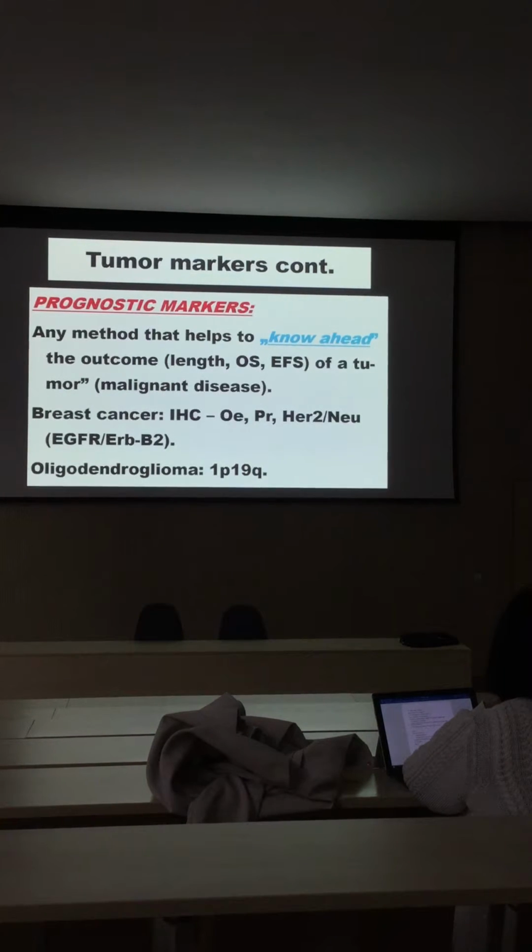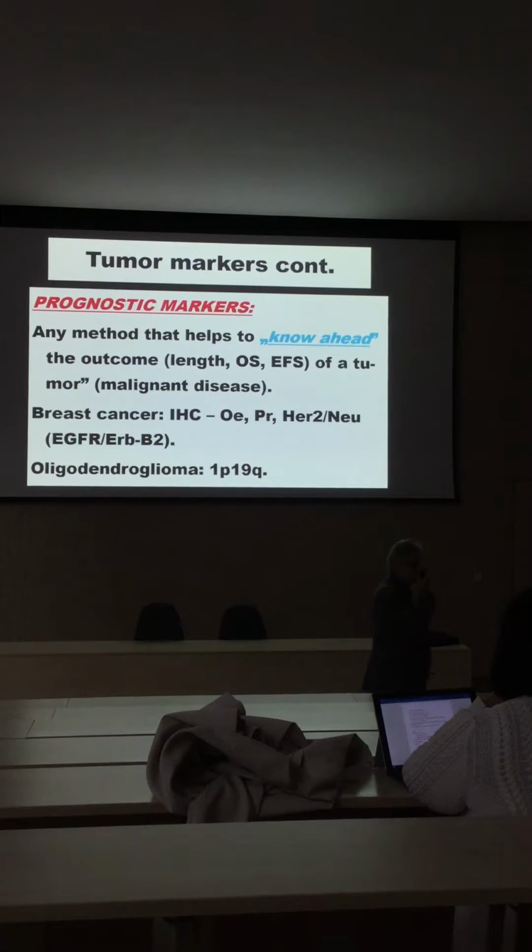But also, we know that those patients who have a tumor that is characterized by 1p19q co-deletion have a much longer 5-year survival time than those who do not have 1p19q co-deletion. So this feature is not only diagnostic, but also prognostic.